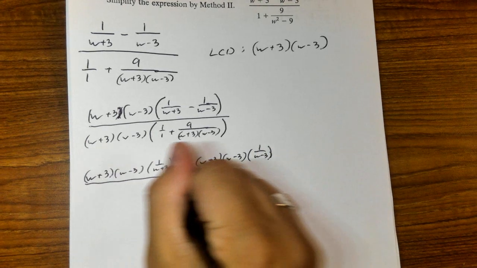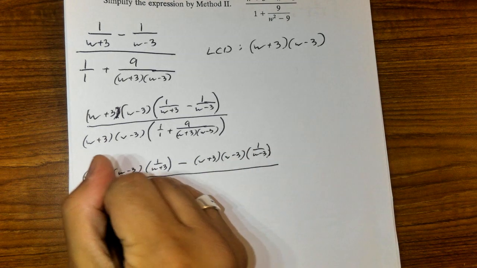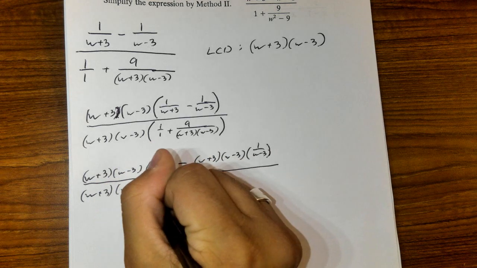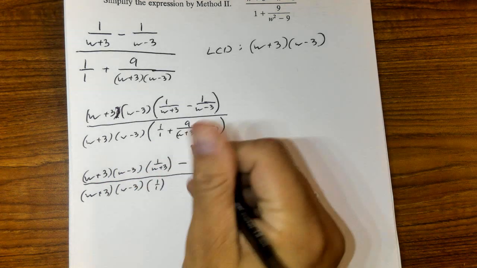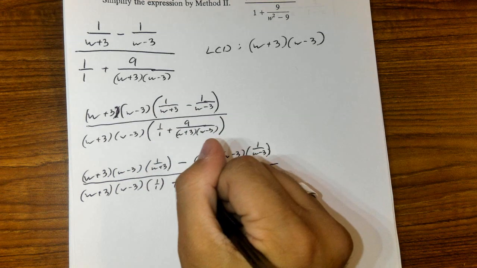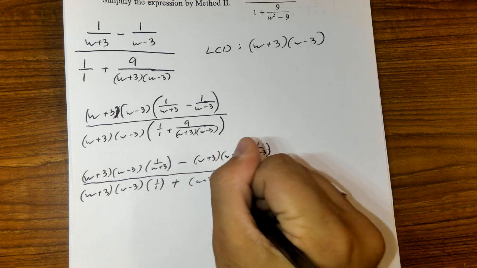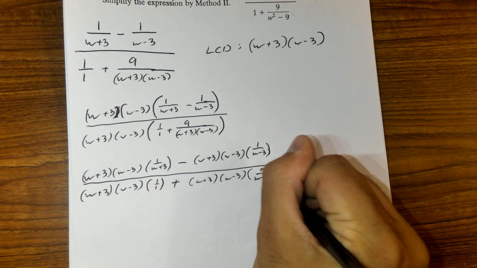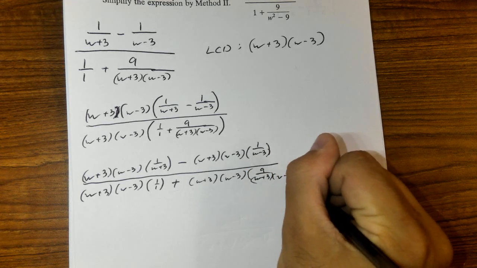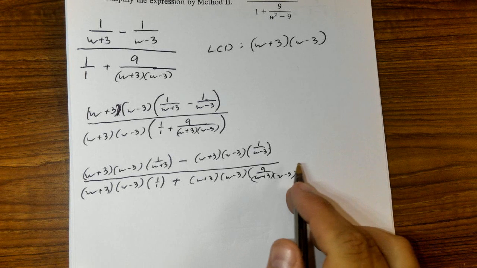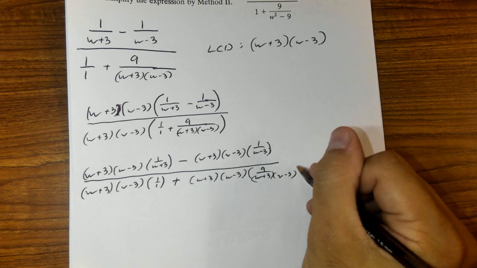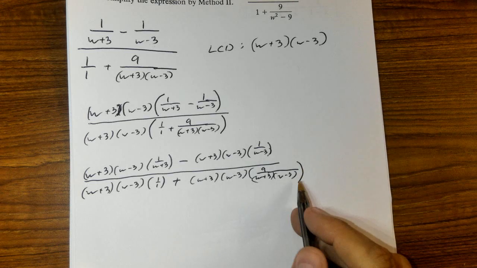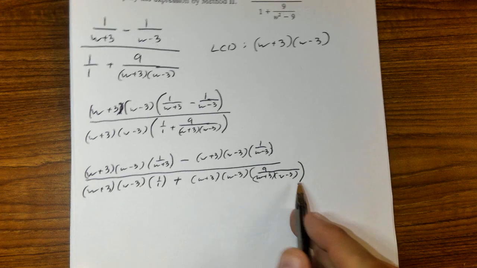And that takes care of the numerator, and the denominator w plus 3 times w minus 3 times 1 over 1, and then bring the plus sign. W plus 3 times w minus 3 times 9 divided by w plus 3 times w minus 3. I'm writing small because a lot of things are actually going to be simplified.